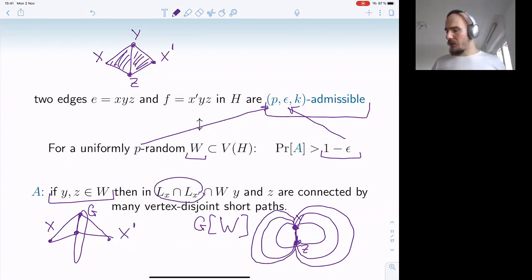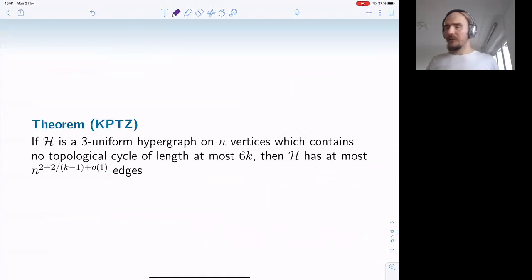And so this is the notion of saturation. And probably this is one of the more technical parts of the proof. The other technical part of the proof is a theorem, interesting in its own right, that guarantees the existence of topological cycles in sufficiently dense hypergraphs.